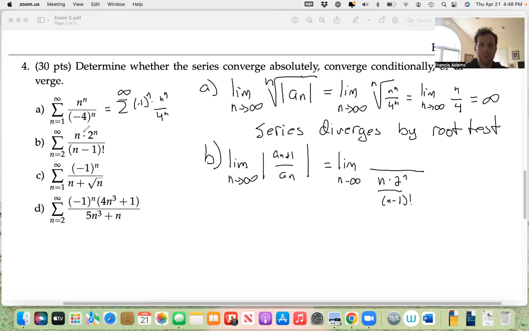On the top, we put n plus 1s in where all of the n's are. So instead of just an n first, that is n plus 1, 2 to the n plus 1, and then actually n factorial. Adding 1 to the n undoes the subtraction that's in here and gets us back to just n.